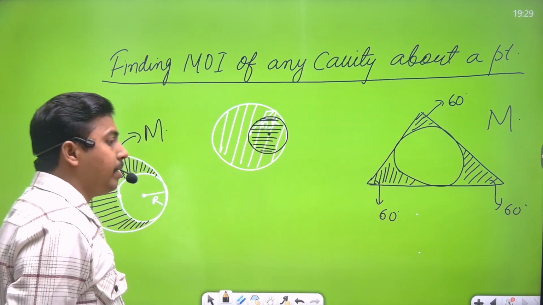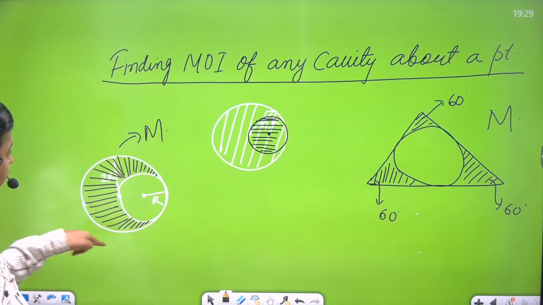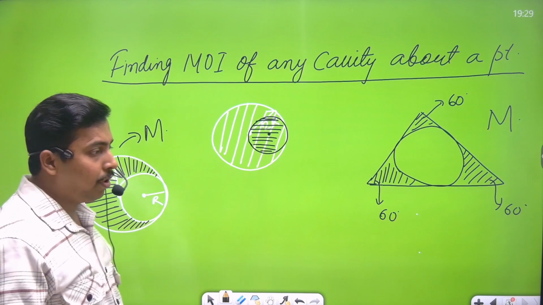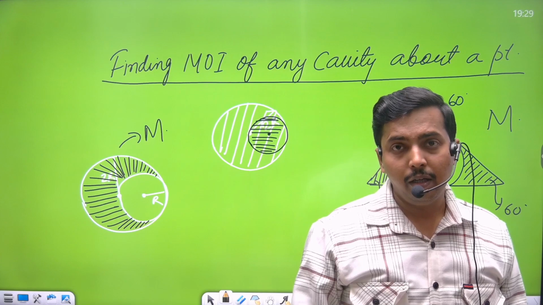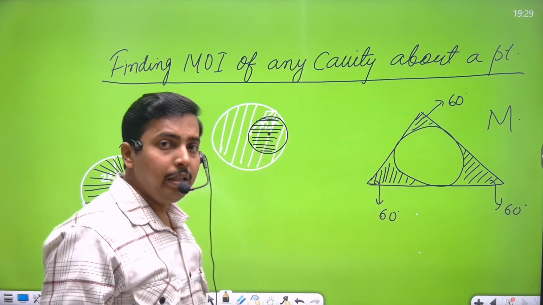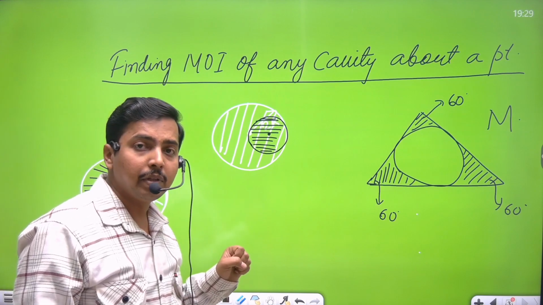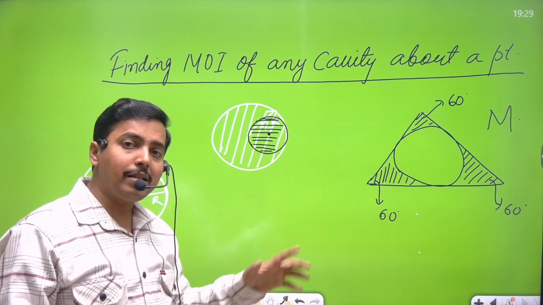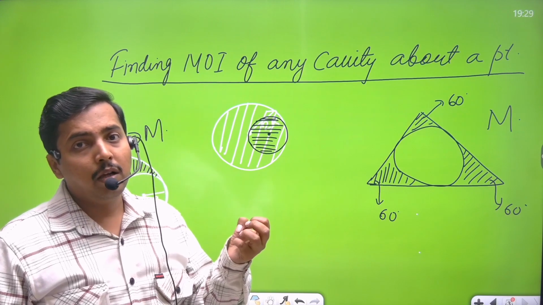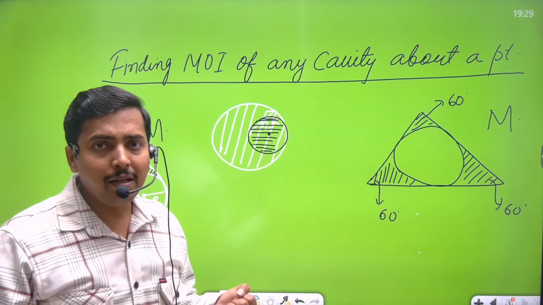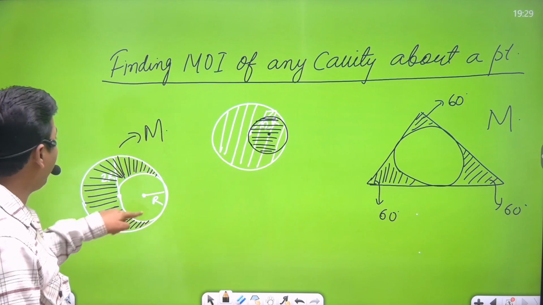Otherwise, in some cases, you can get also the mass of the cavity only. So don't be confused. Just see in the question the mass of which thing has been given. Is it the mass of the whole body, or is it the mass of the remaining part, you can say, with cavity? This is the mass of the whole body of radius 2r.